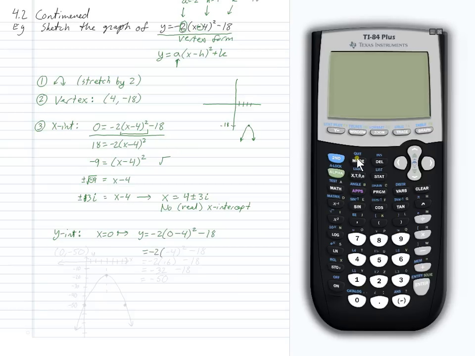We have -2 times (-4) squared, minus 18. Well, (-4) squared is 16, so we've got -2 times 16 minus 18. It looks as though our y-intercept, -32 minus 18, is going to be all the way down at -50.